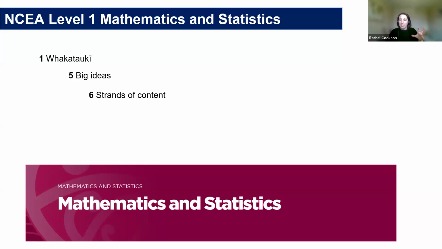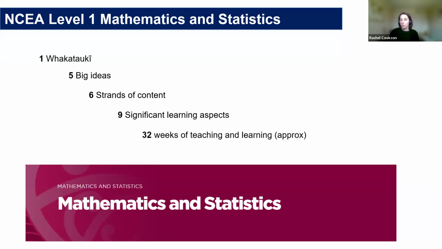That is slightly changing and merging the naming of them in our curriculum document, but we've got our 6 strands of content for our level 1. 9 significant learning aspects. These are the bullet points on that learning matrix. And 32 weeks approximately to teach that material, to teach that information. Which makes it really important. And I say approximately because we're very mindful that all kinds of stuff happens in a school year.